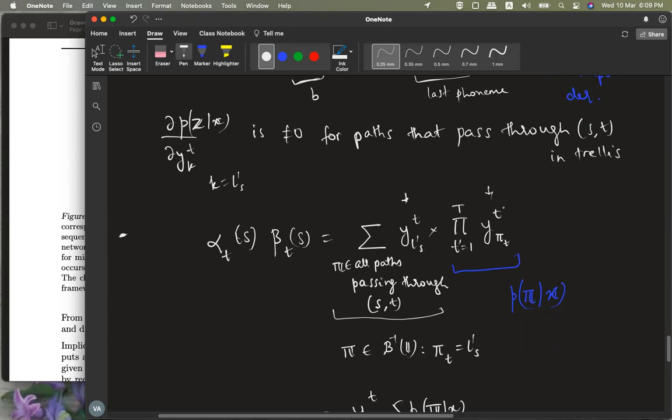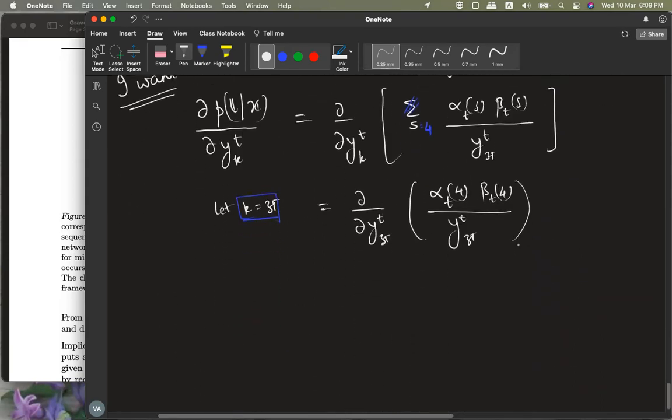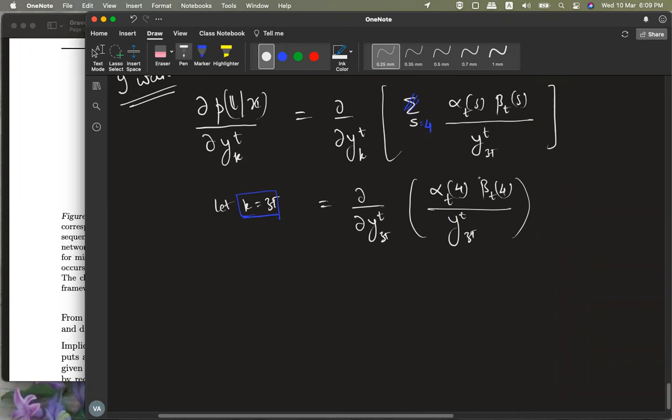It should be t' here. So for some particular t, this is equal to y_t, so it has two terms of y_t. This term is linear in y_t, so what is the derivative of a linear term?